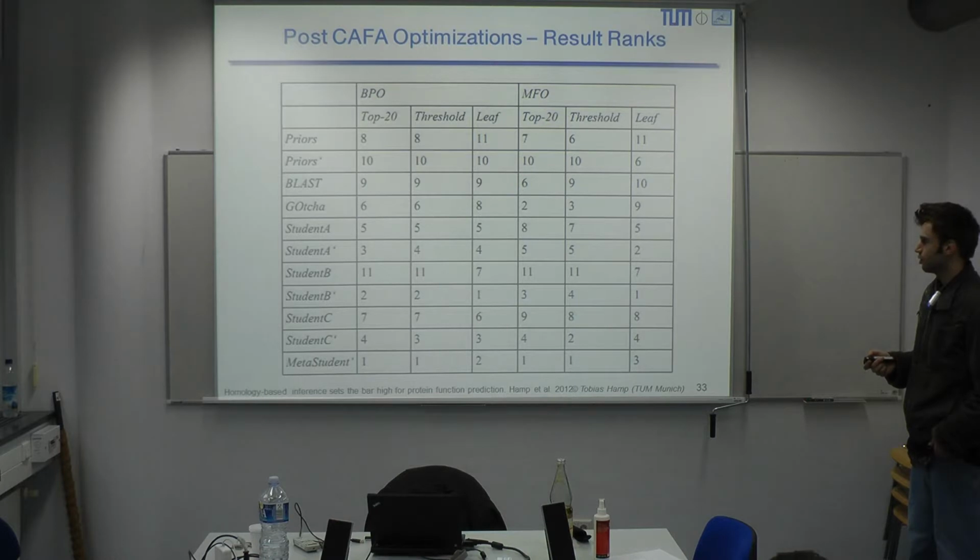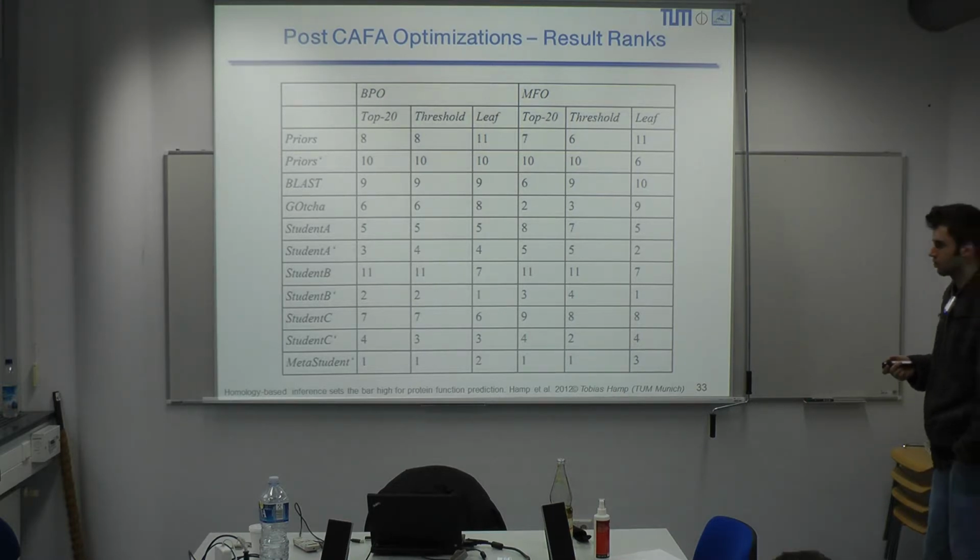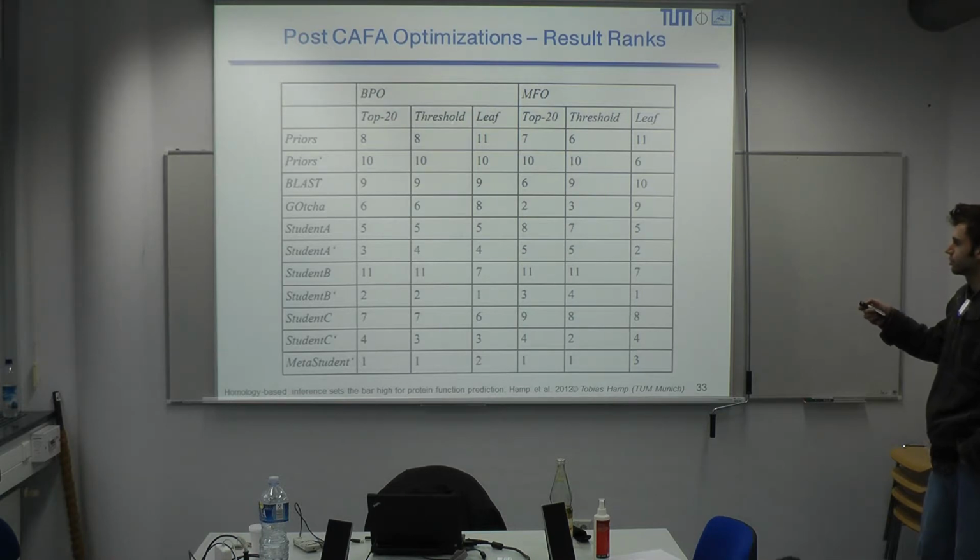And also an important thing is that it really depends on the measure, so that the order of which method you perceive as best depends on the measure. So the order of methods in the leaf measure that I just explained is different from the one in the threshold measure.